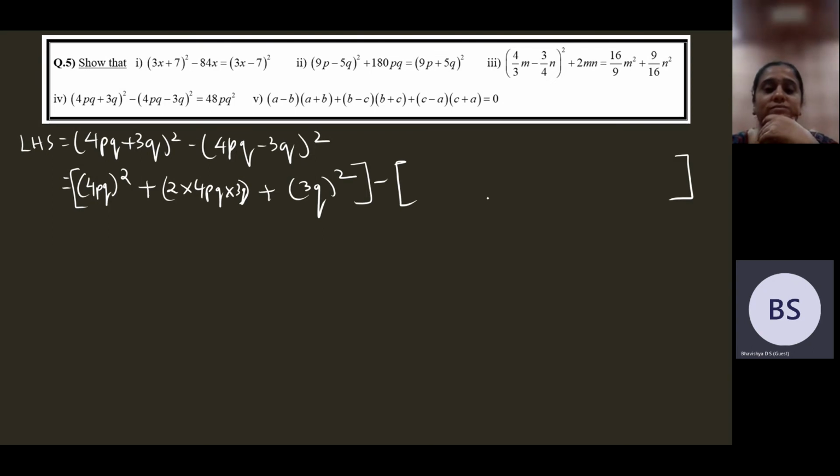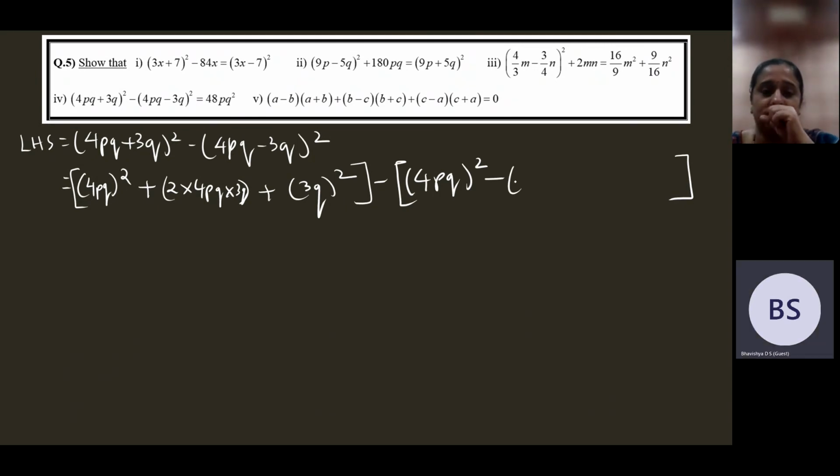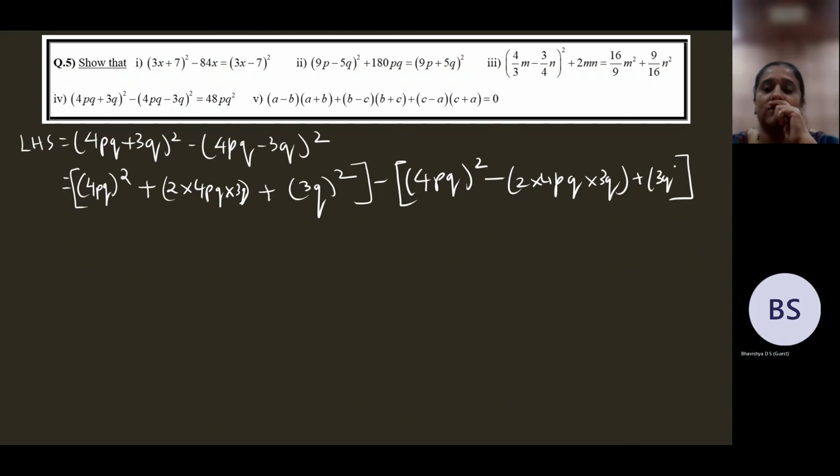What's the next one? 4pq. Okay. Minus 2 into 4pq into 3q, ma'am. Then plus 3q, the whole square.